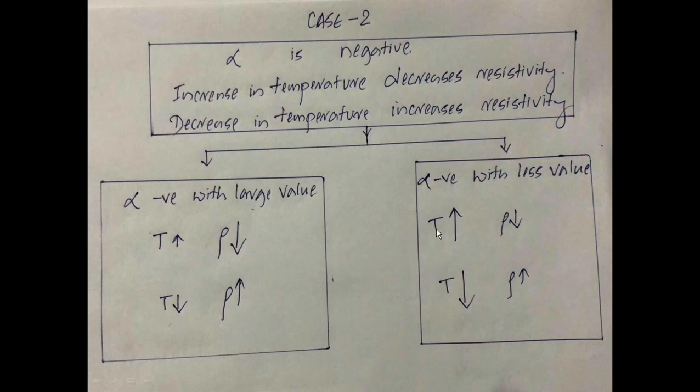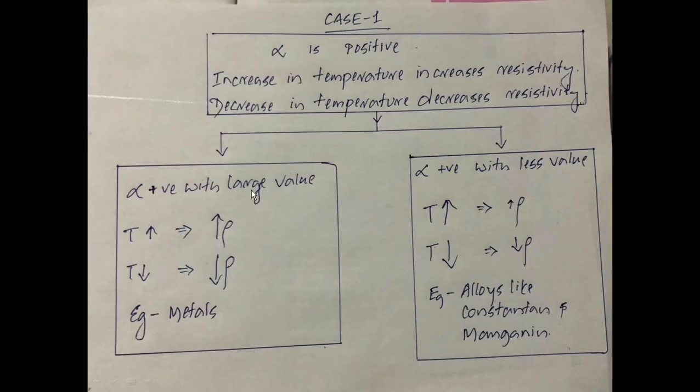When alpha is negative with less value, an increase in temperature results in a relatively less decrease in the value of resistivity. So as we can see from these two cases, the value of alpha decides how the resistivity of a material varies with temperature.